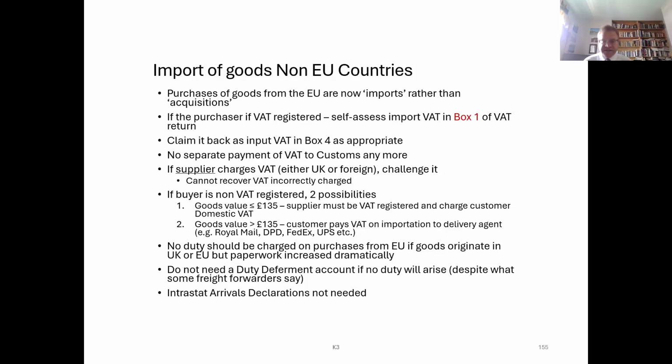Sorry, goods less than 135, the supplier must be VAT registered and charge the customer VAT. If the goods value is greater than 135, the customer pays VAT on import to the delivery agent. No duty should be paid on purchases from the EU if goods originate in the UK or EU, but paperwork has increased. You do not need a duty deferment account if no duty will arise, and Intrastat arrivals declarations are not needed.